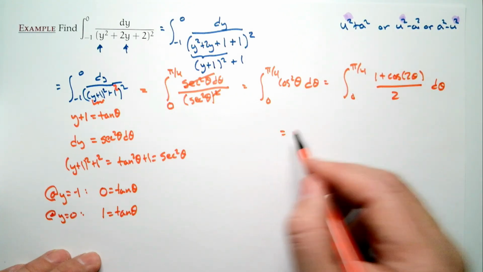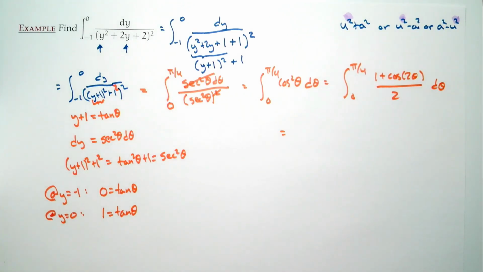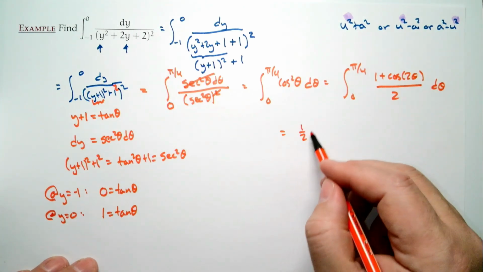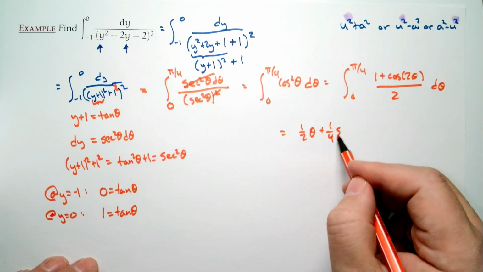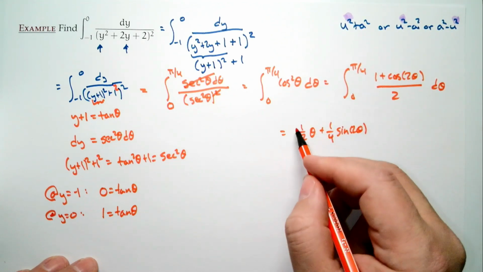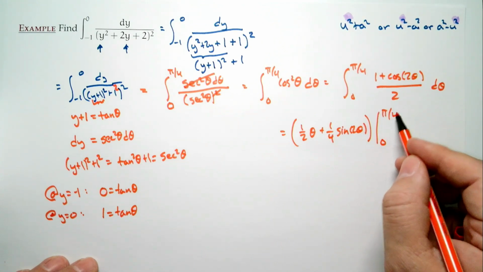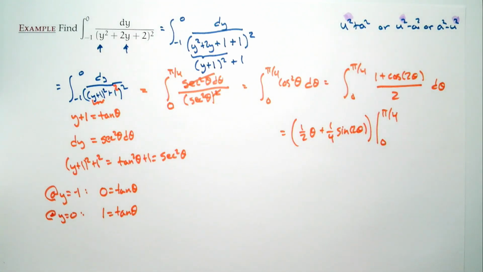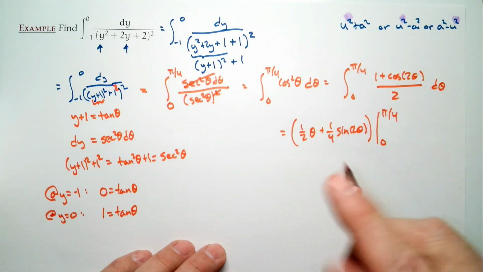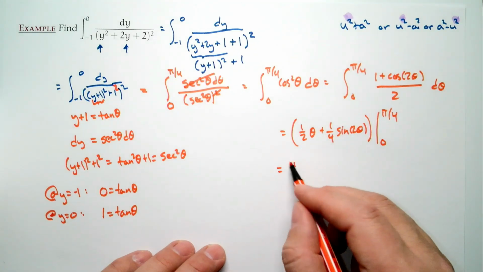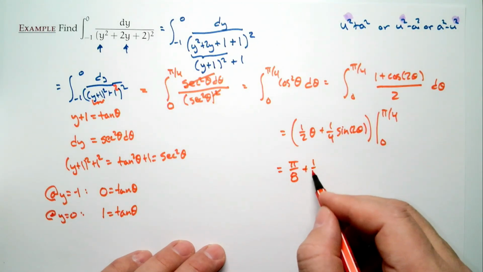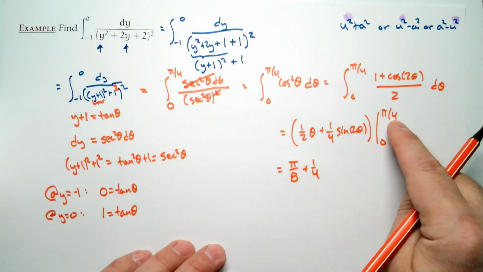So we did what we did before, namely we do our power reduction. Cosine squared is (1 plus cosine 2 theta) over 2, which makes this 1/2 theta plus 1/4 sine of 2 theta, which hopefully we remember because we just did this a little while ago. It's a definite integral, so we don't need the plus c, but we do need to evaluate. So we're going to go from 0 to pi fourths. 1/2 times pi fourths would be pi over 8, plus 1/4 times sine of 2 times pi fourths.